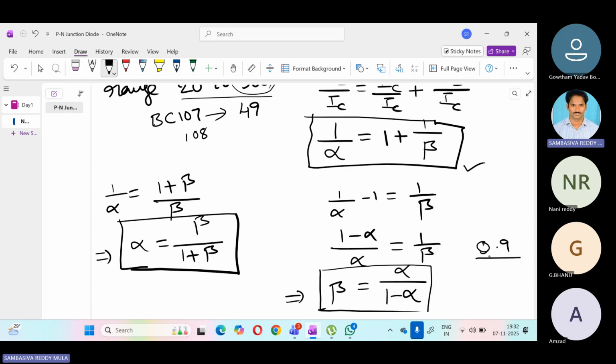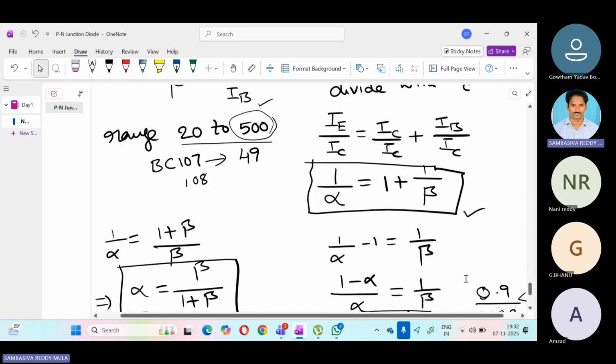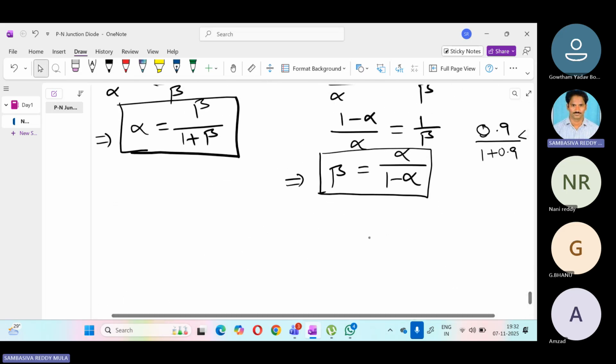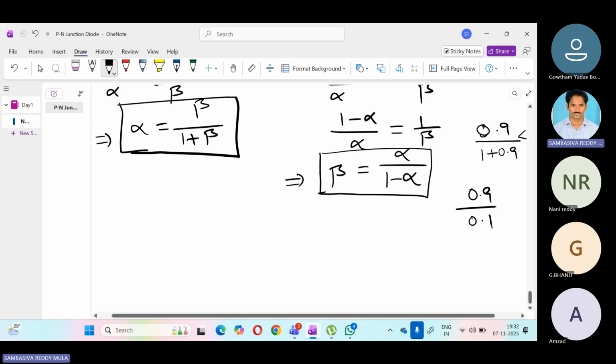If you check with alpha as 0.9, 0.9 divided by 1 plus 0.9 would be less than 1, which is wrong. So we need to remember 1 minus alpha: 0.9 divided by 1 minus 0.9 is 0.9 divided by 0.1, so beta becomes 9.